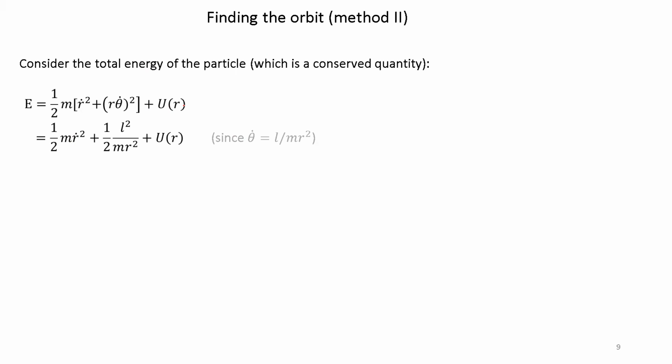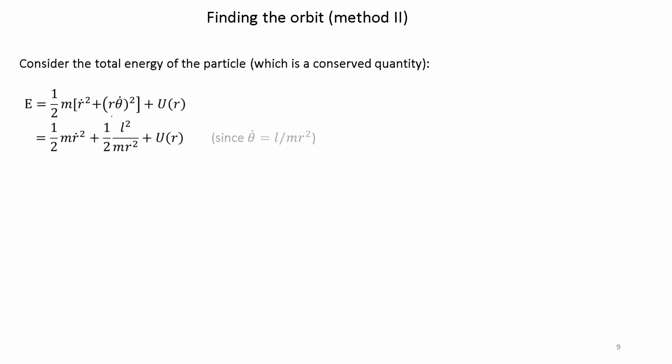I'm going to start from considering the energy. The energy of the particle is another conserved quantity. So the total energy is the kinetic energy plus the potential energy.